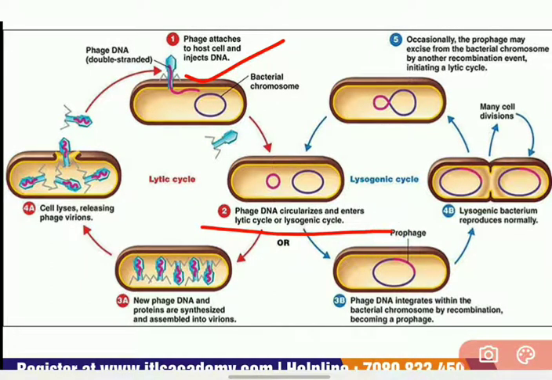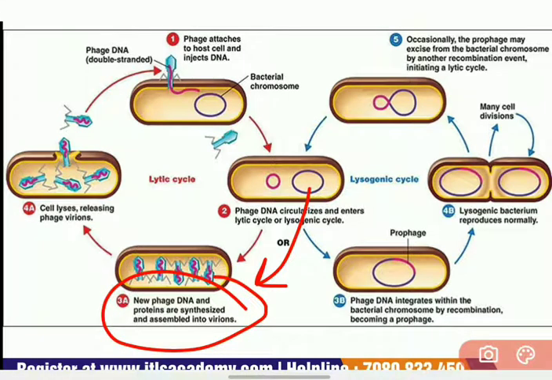Phage DNA circularizes and enters the lytic or lysogenic cycle. At this point, it can decide whether it wants to go into the lytic cycle or into the lysogenic cycle.